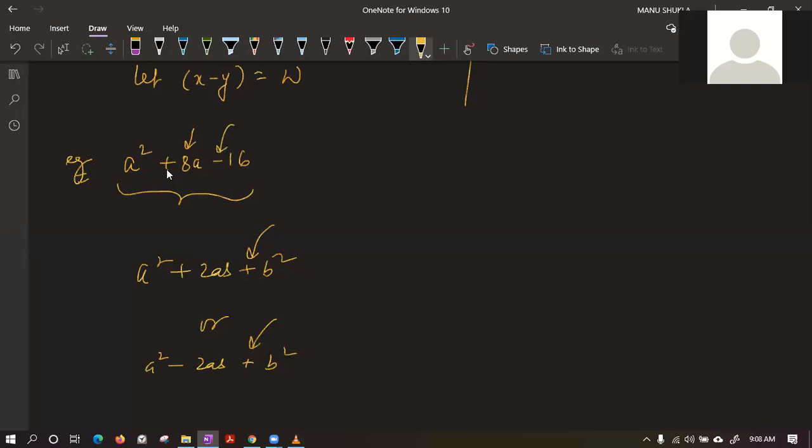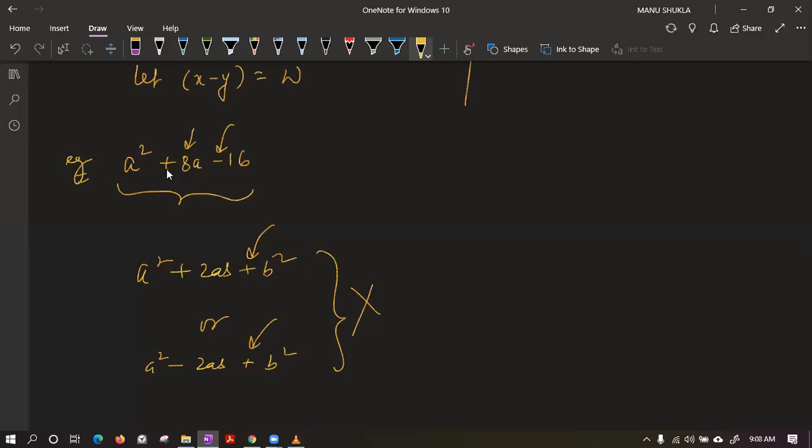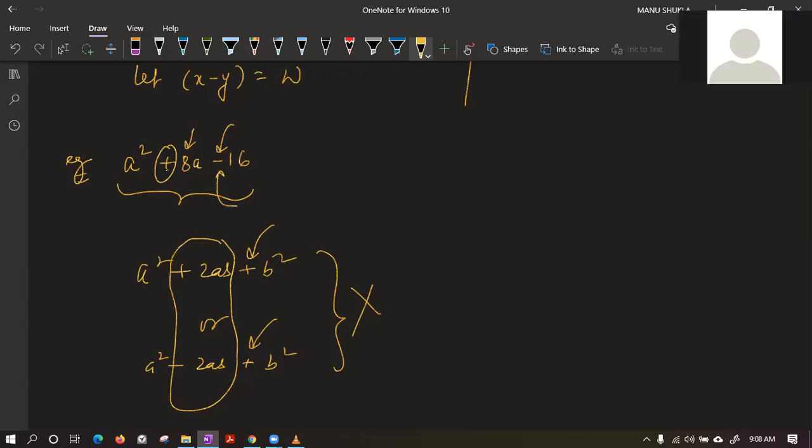Here it is negative, so we cannot use these formulas. Only middle term can be negative. If this was negative, it was fine, still we can check. But if this is negative, no idea of checking. Okay, just keep this in mind.